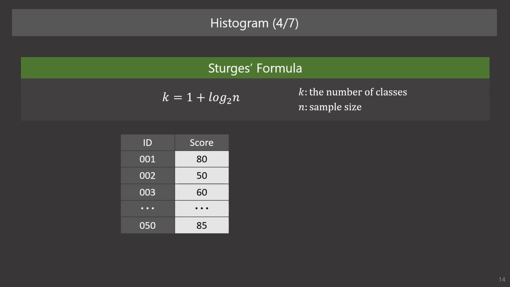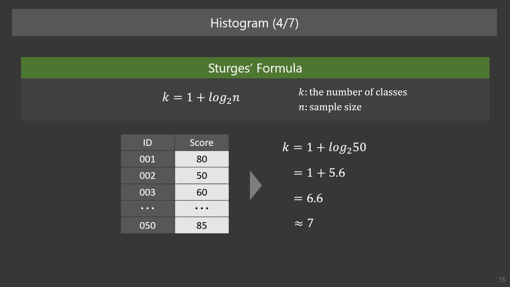In this dataset, the number of observations is 50. So, we can find the appropriate number of bins by adding 1 with log base 2 of 50. So, it is 1 plus 5.6, so 6.6. So, the appropriate number of bins is 6 or 7.